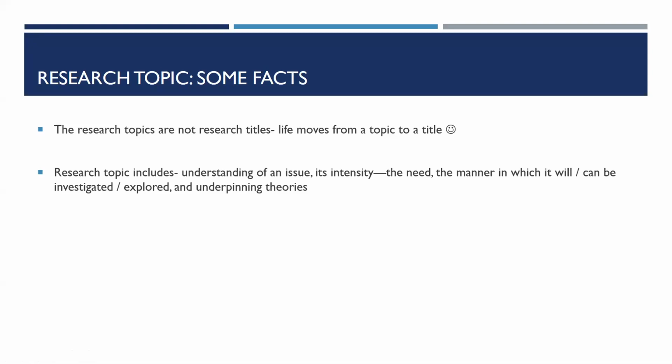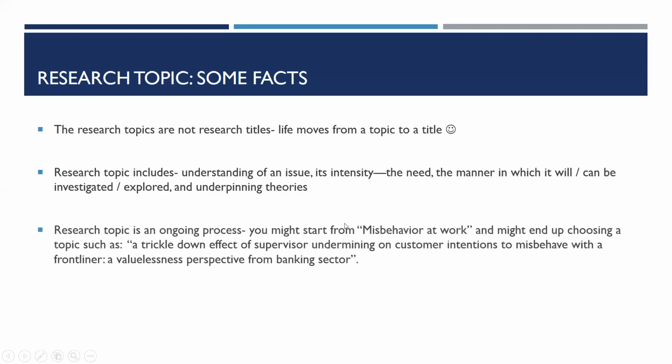Title is just a title. It might tell us probably the variables and the context, but a research topic is more than a research title. So when you think of topics, you should be thinking in terms of understanding of an issue, its intensity, the methods, and the underpinning theories. These combine to make a research topic. Then research topic is an ongoing process.